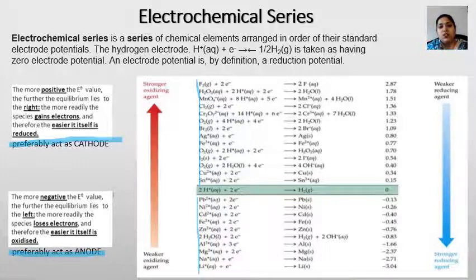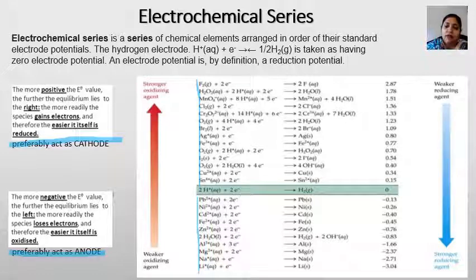So this series is very useful to determine which element will act as anode, which will act as cathode, and if we have two pairs of elements, which element is placed in the anode chamber and which in the cathode chamber.